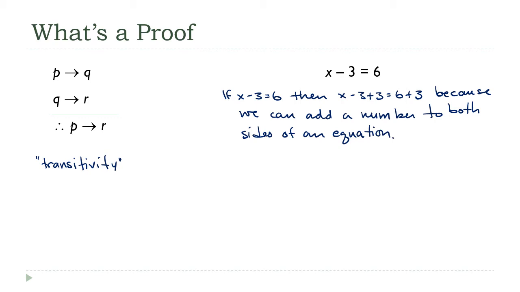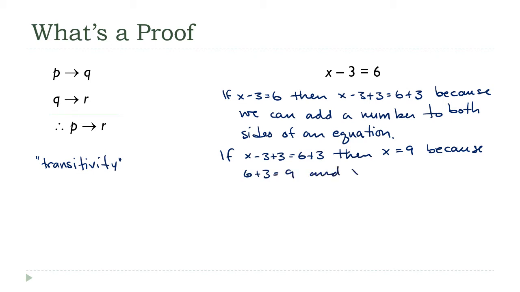My second step, I'm going to continue on from there. If x minus 3 plus 3 equals 6 plus 3, then x equals 9, because 6 plus 3 equals 9, and x minus 3 plus 3 equals x.